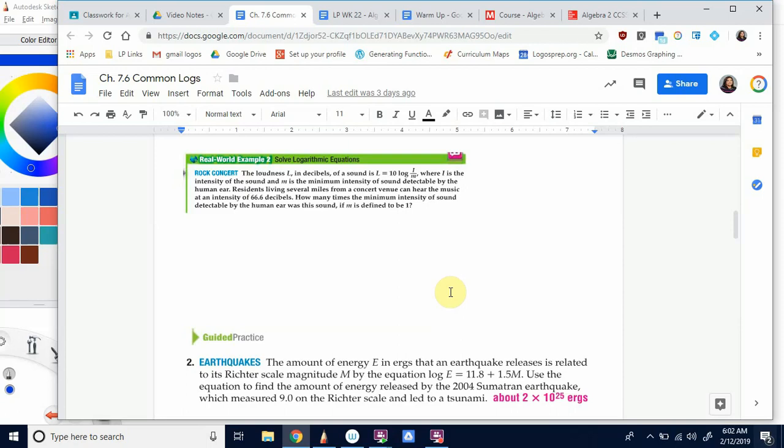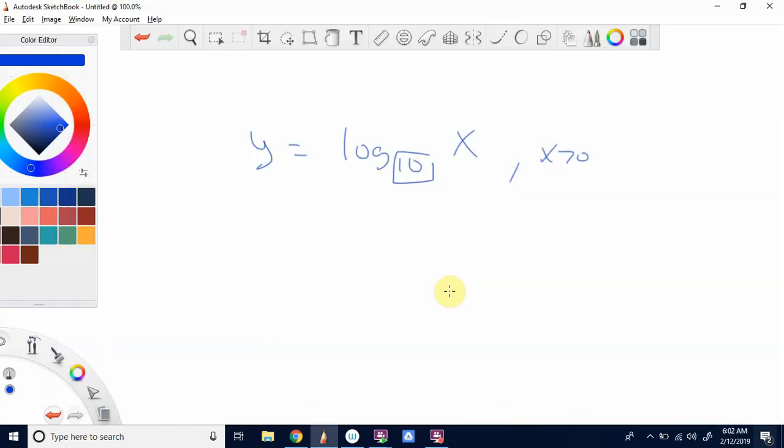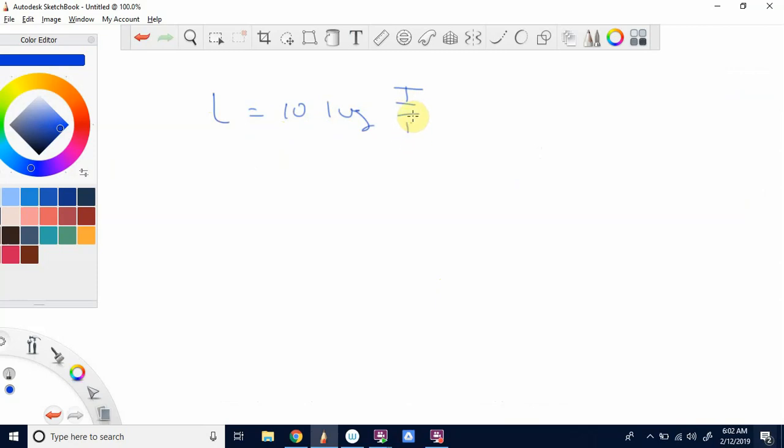First of all, we start with our formula L. So we have L equals 10 log base 10 of I over 1, which is just I. They give us the loudness of 66.6 decibels, so that's going to go in for L. So we have 10 log base 10 of I. Remember, I said write it this way because then there's no thinking about it.